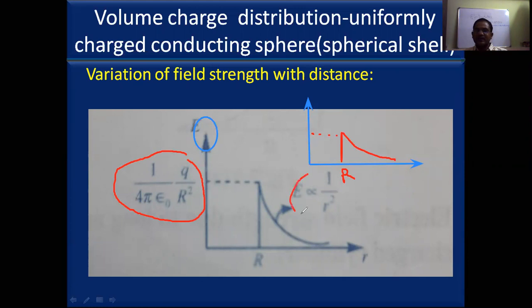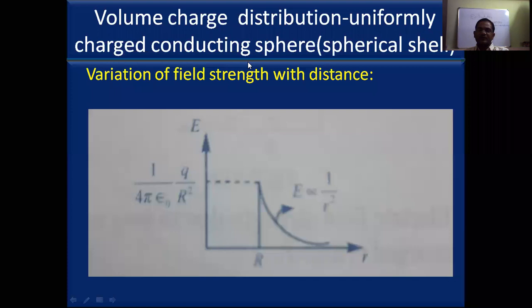So inside the conducting sphere, at every point, the field strength is 0. On the surface, the field strength is maximum, 1 by 4 pi epsilon naught Q by capital R square. For an external point, the E value decreases according to E inversely proportional to R square, the square of the distance. Hence we get the curve here. So this is the graphical representation of the variation of field strength with distance.